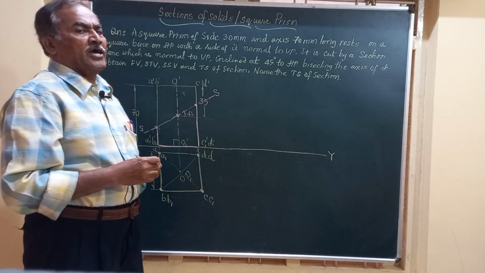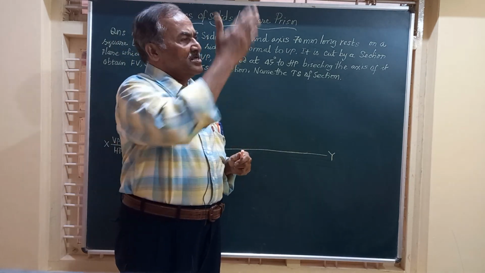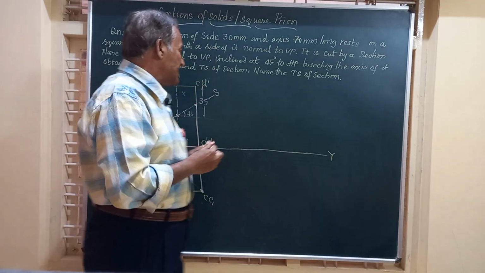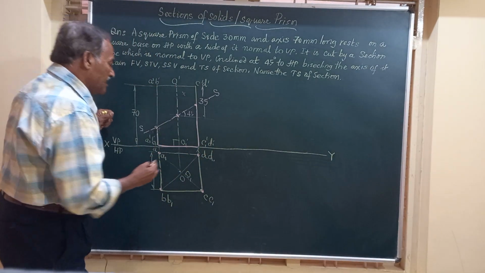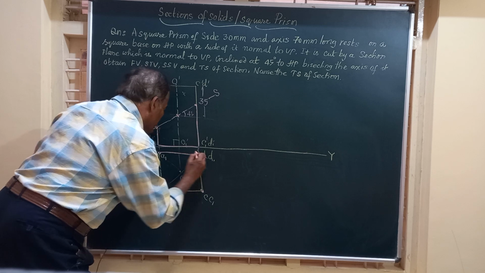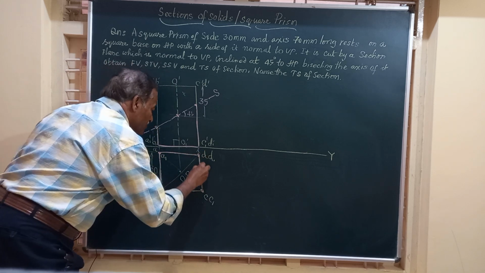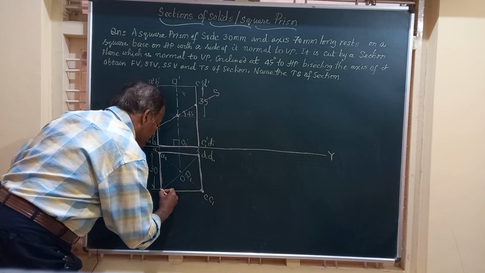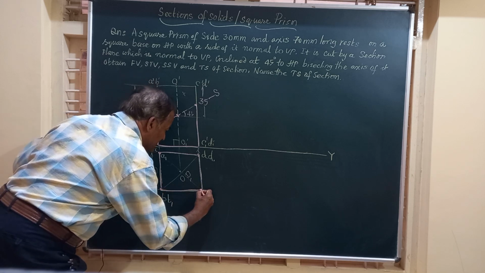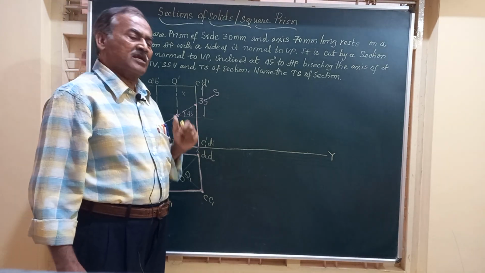Friends, I have marked the points where the section plane is cutting all the 4 vertical edges of the solid. And now I am going to join all these by dark lines or visible lines. This is the way we join these. So all the 4 points are marked and joined.